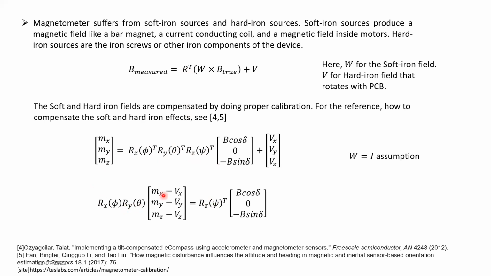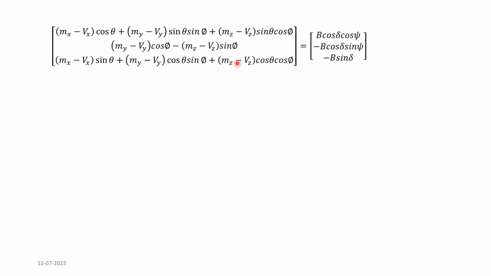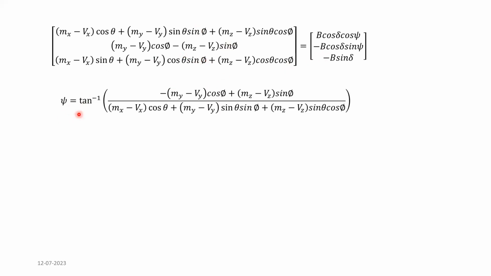By formulating this, I get these equations, and if you solve them, we get psi, the heading. Just by dividing these two equations, we get this psi. So now we have all three: psi, heading, and roll, phi, and theta. These are the values from the accelerometer and magnetometer.